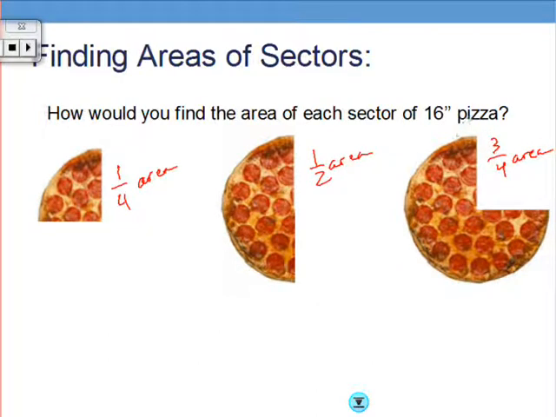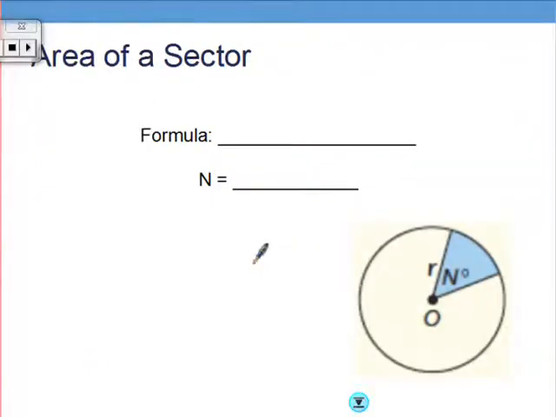Okay, this is back to when you were a kid. You learned beginning stuff about pieces of pies and fractions and things like that. So the formula for the area of the sector, okay, and some of you are formula people and some of you aren't. So I'm going to show you the formula, and then I'm going to show you another way to figure this out.